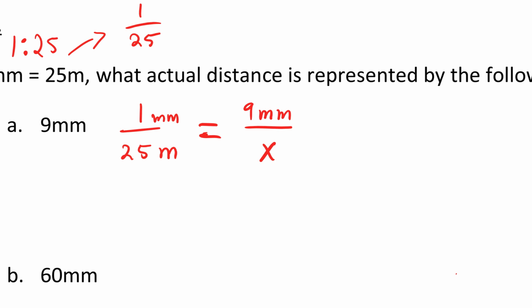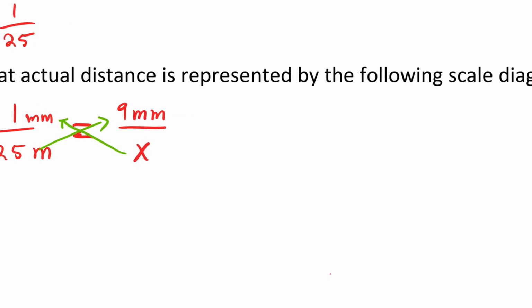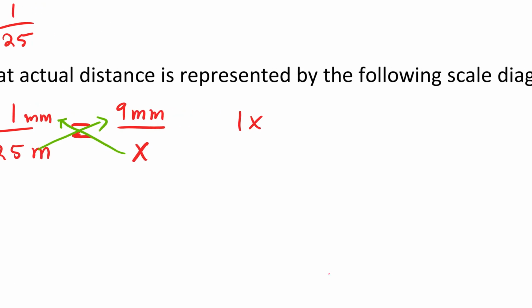Now we've set up our cross multiplication so that we're going to cross multiply the 25 and the 9 and the x and the 1. This will get us 1x equals 25 multiplied by 9.